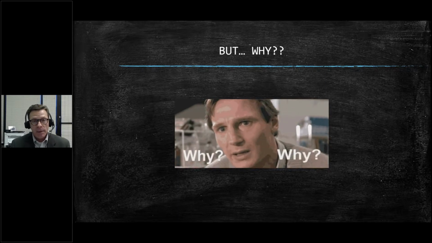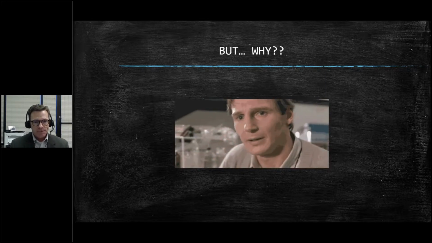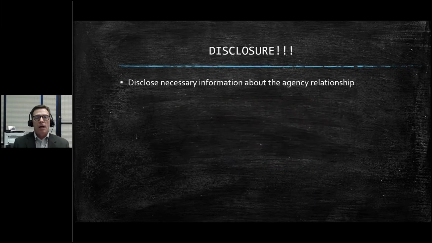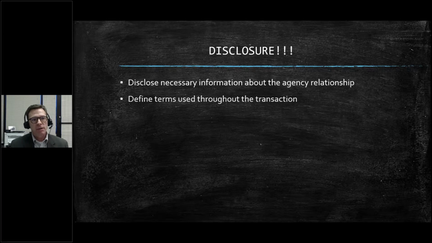But why? It's a lot of paper. Well, let's talk about why. First reason, disclosure. By providing all of these documents, you are going to disclose necessary information about the agency relationship, the agent, buyer, or tenant relationship that you have just entered into.